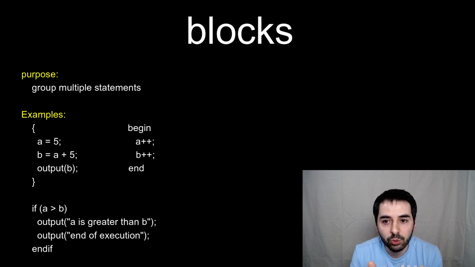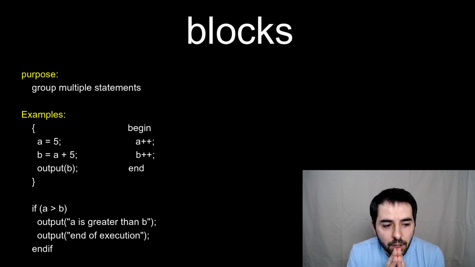So if you want to do multiple things, you have to wrap these multiple statements in a block. Otherwise, only the first one will get executed, and the rest will not be considered part of the previous statement.